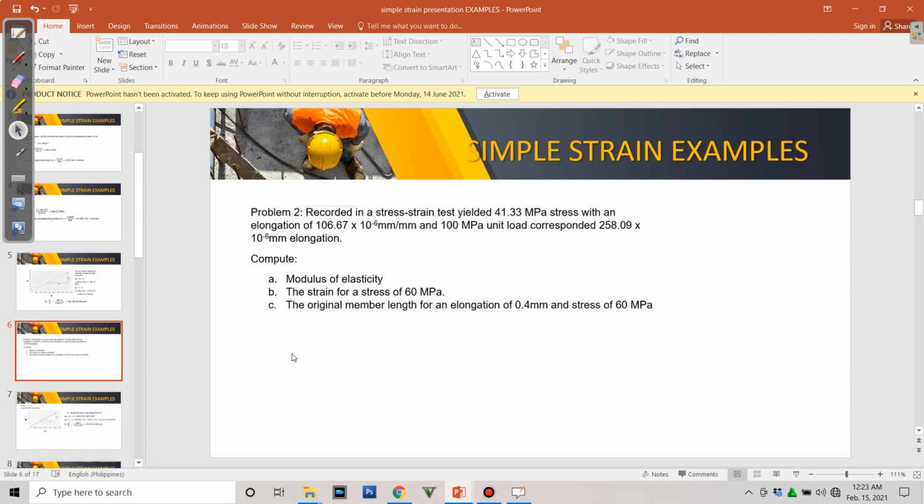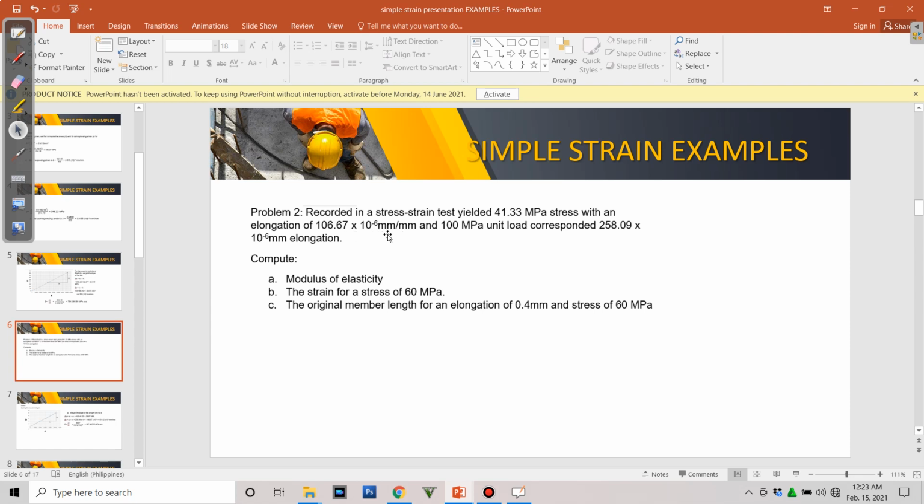Problem number 2. A recording in a stress-strain test yielded 41.33 megapascal. This is the stress, and it has a corresponding elongation of 106.67 times 10 raised to negative 6 millimeter per millimeter.